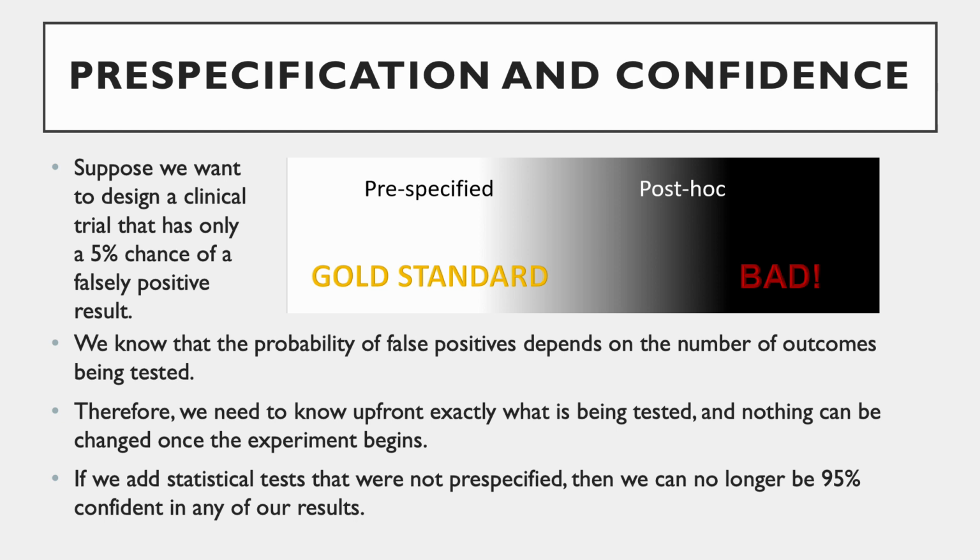If you add things that you didn't intend to add, then you're not doing the experiment as it was designed, and therefore you can't be 95% confident of the results. So any test that's done that's not pre-specified in the trial is no longer a 95% confidence experiment, and we have no frequentist way of interpreting the meaning of those post hoc tests.